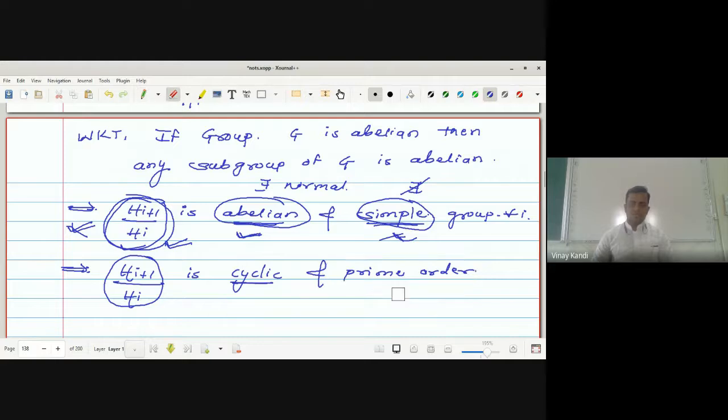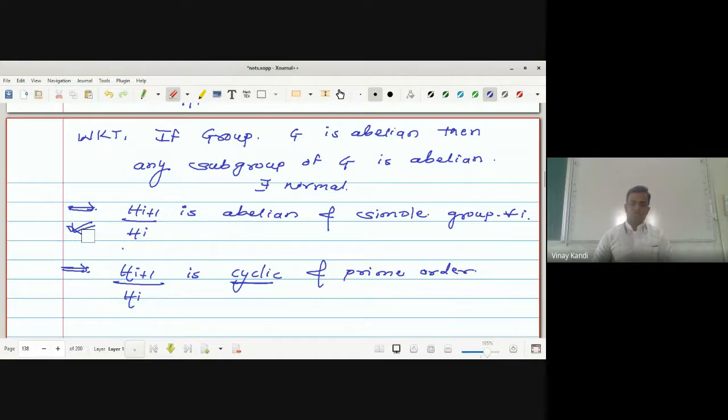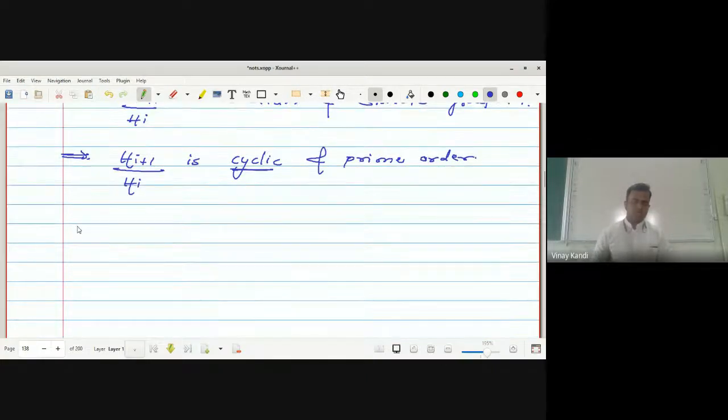That's why this Hi plus 1 upon Hi must be of prime order, and we know that a group of prime order is cyclic. Suppose the order of Hi plus 1 upon Hi is pi plus 1, a prime number.